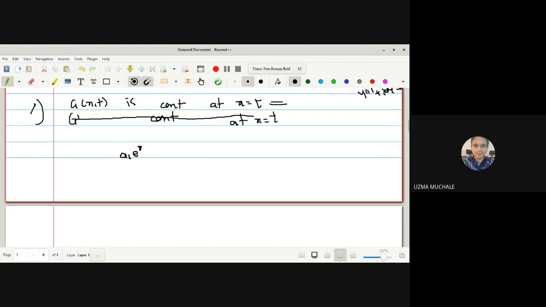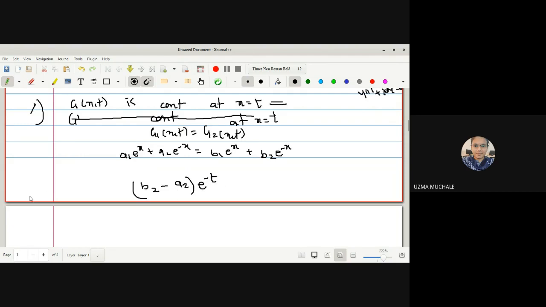a1 e raised to x plus a2 e raised to minus x is equal to b1 e raised to x plus b2 e raised to minus x, and hence we can write g1 of x,t is equal to g2 of x,t. Now we are checking at x equal to t, we can write it as b2 minus a2 e raised to minus t.